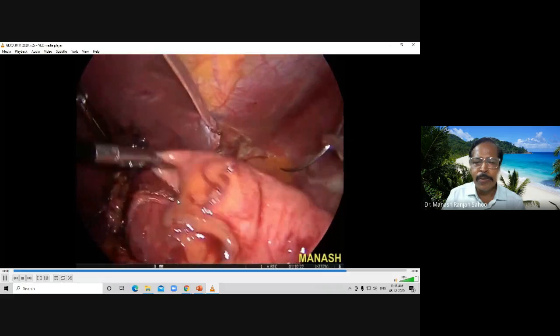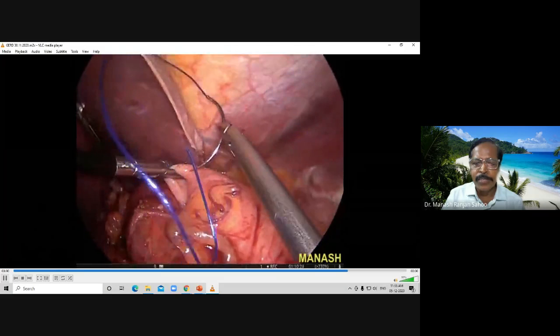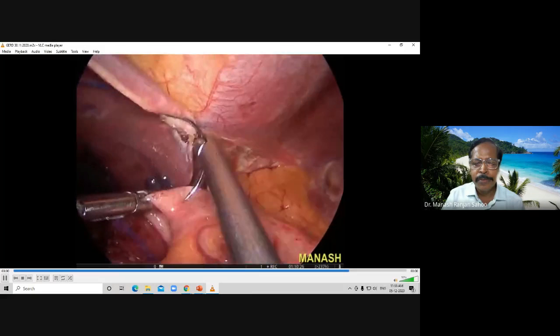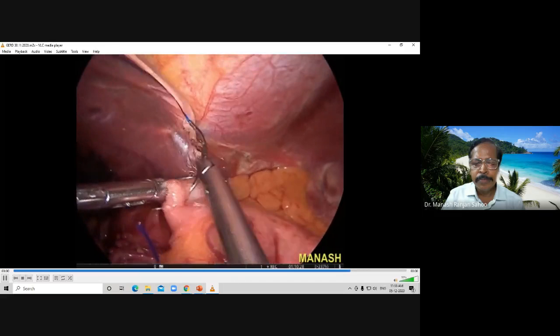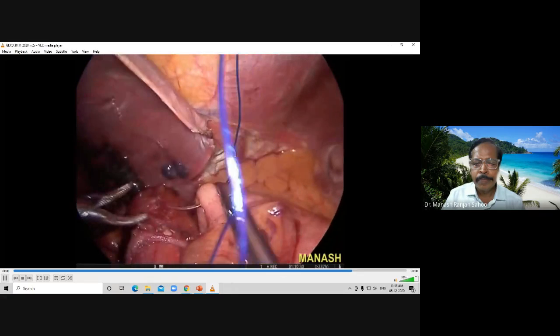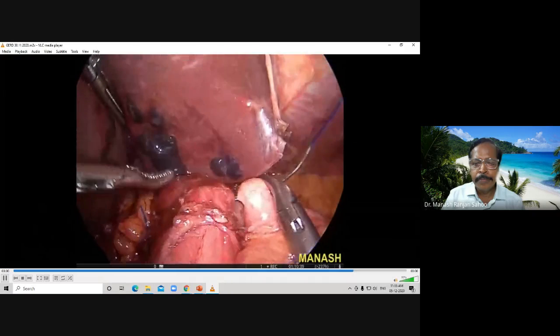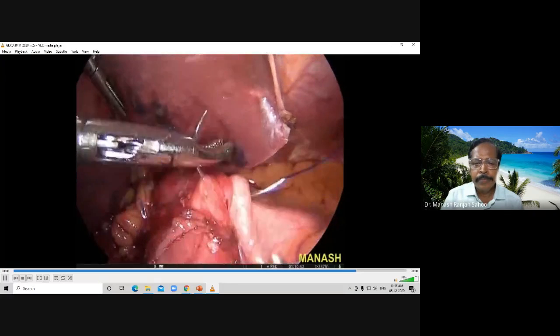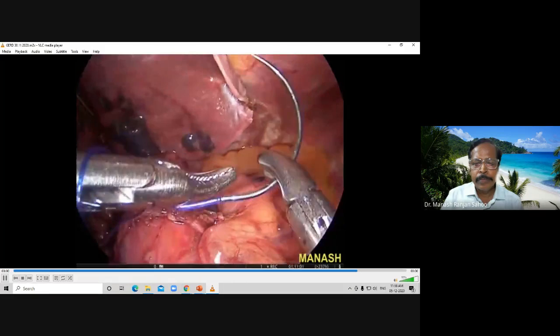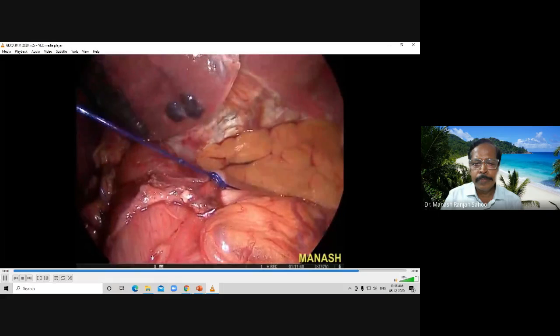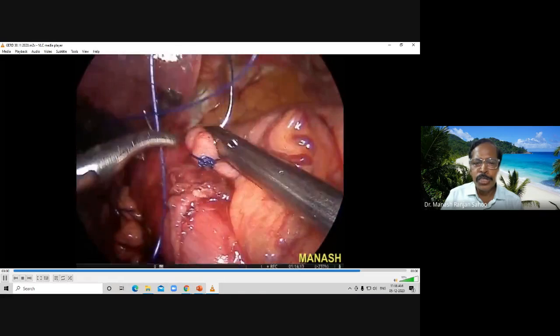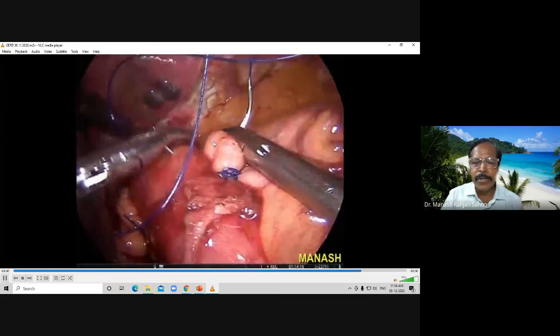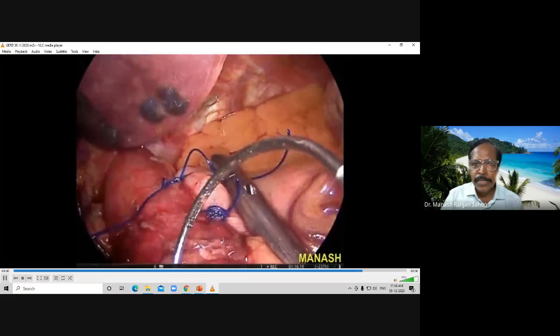Similarly, you can go for the left side fixation to the esophagus. One more stitch on the left side will complete the partial wrap.